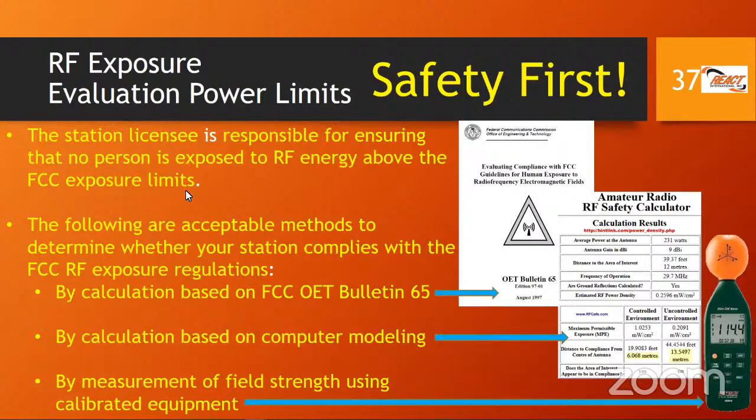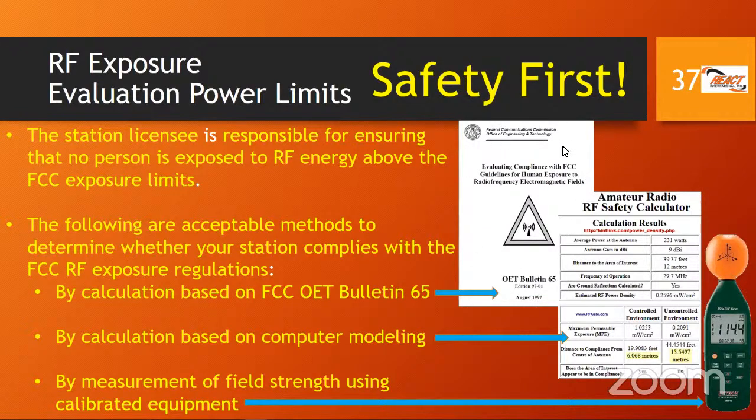But how do we do that? How do we know whether we're complying with those exposure limits? So first of all, we can do calculations, and one of the guiding documents that tells us how to do that calculation, to determine whether our station complies with that maximum, evaluating our power limits and making sure we don't exceed. So there's a document, it's on your screen here.